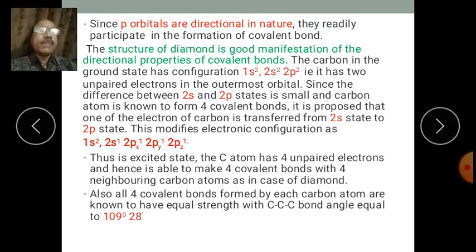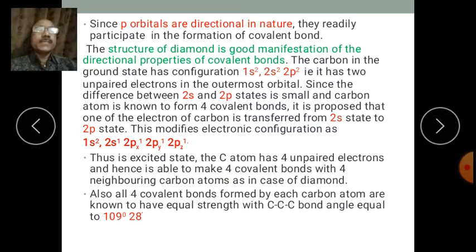The carbon in the ground state has the configuration 1s2 2s2 2p2. Carbon has atomic number 6, and it has two unpaired electrons in the outermost orbital.